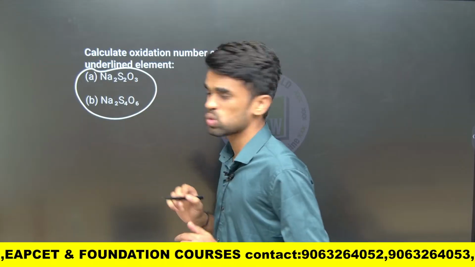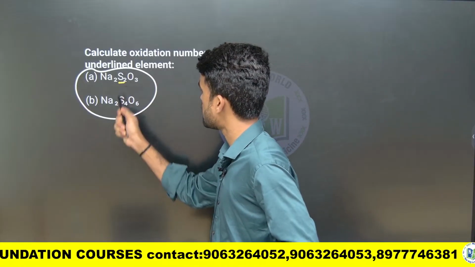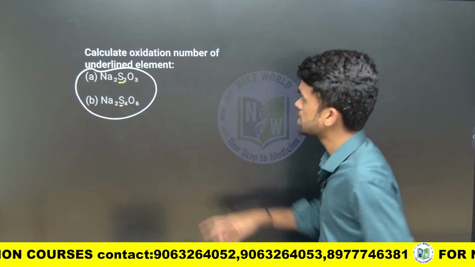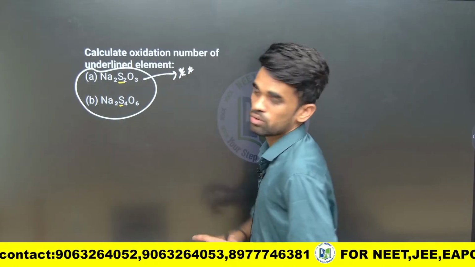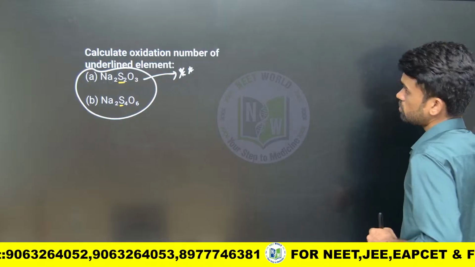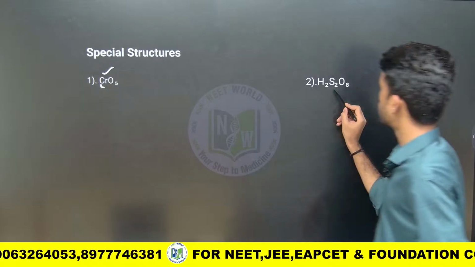So solve these 2 questions and tell me the oxidation states of the sulfur atoms here. This is a JEE Advanced question previously asked. Here for chromium also you should say, and here for sulfur you can say.